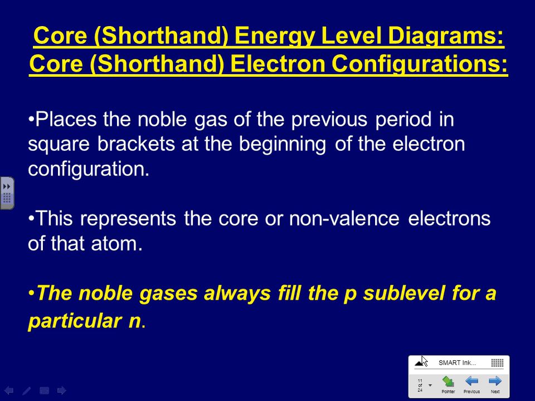So we do what we would call a core energy level diagram or a core electron configuration. And this allows us to deal with and draw some of the larger ones.